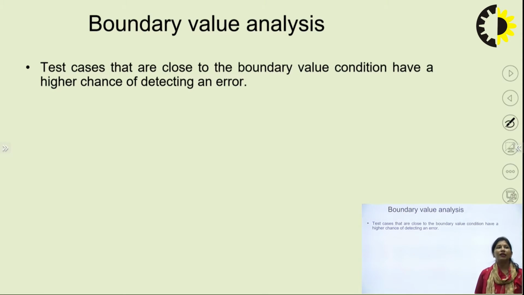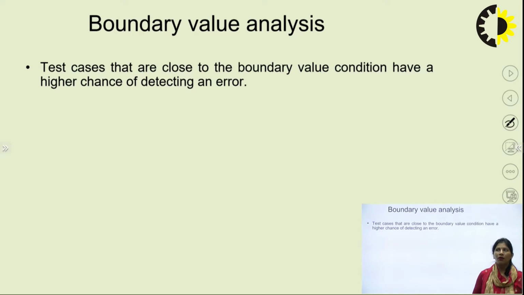Test cases that are close to the boundary value have a higher chance of detecting an error. Boundary value, I hope you all understand. Say if I am giving that a character should be between C to M, right?